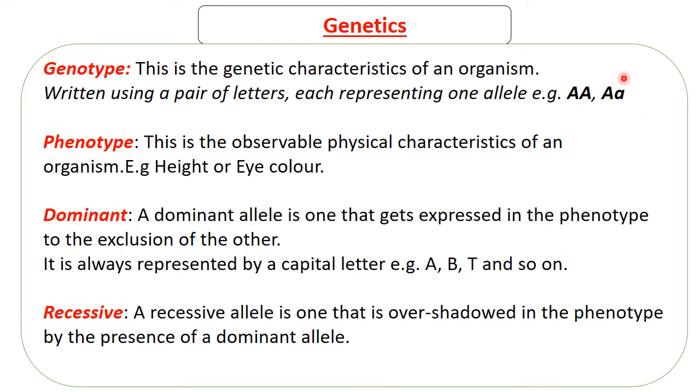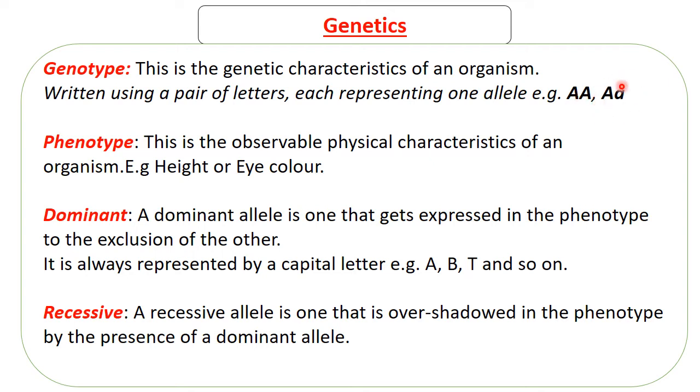In this situation of two capital letters, these are both dominant alleles. This is a dominant, this is a dominant. This other one, we have a dominant and a recessive. If A is for tallness, this person might appear tall, and this one might appear tall, but this one is purely tall. There is no chance that this one can have a short child.